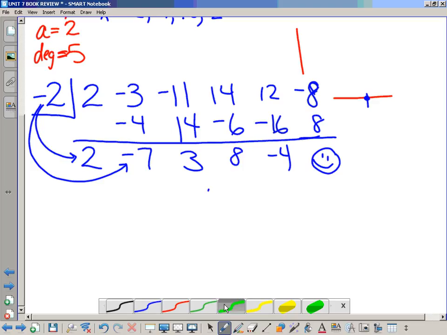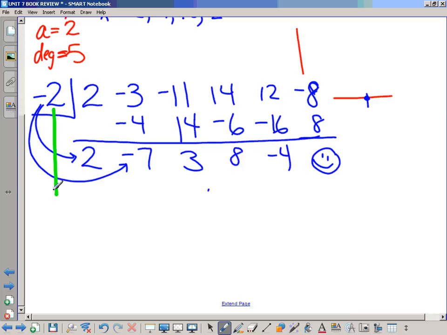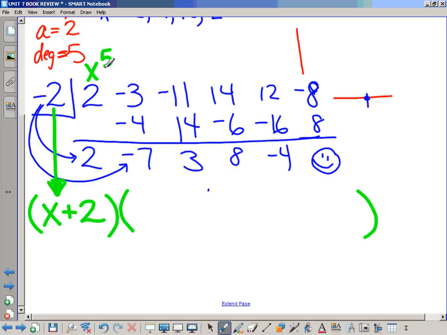Since -2 is one of the solutions, we're going to switch to green here. Since it's one of the roots, what would its factor look like? X plus 2 or x minus 2? X plus 2 is definitely one of the factors. The other one is going to be populated with, well, this column started as x to the 5. 2x to the 5.